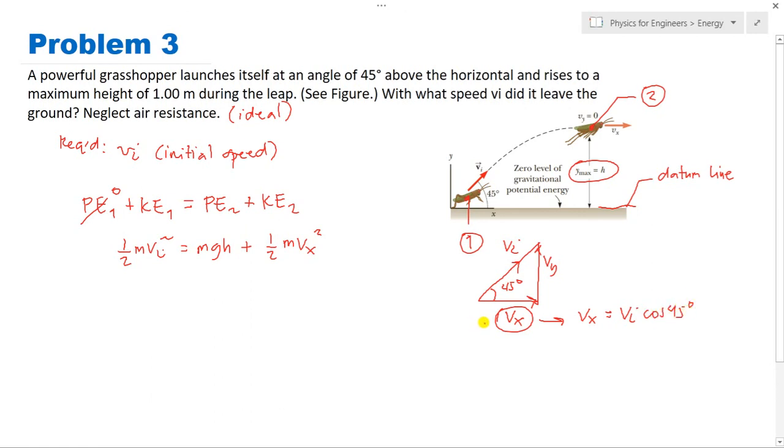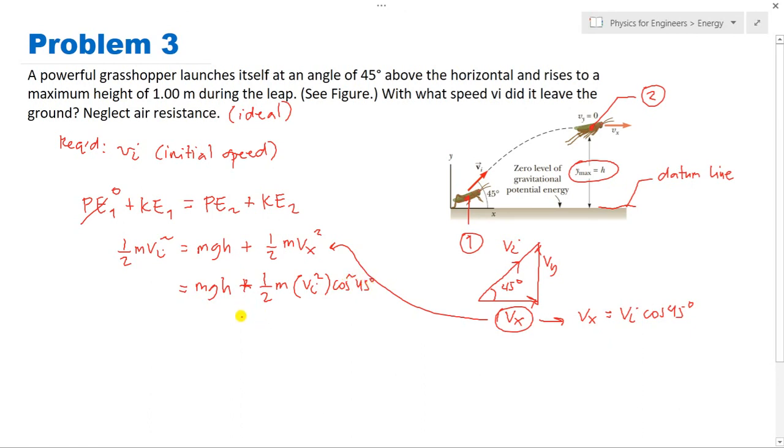So we can substitute this directly into our equation: that is equal to mgh plus 1/2 m vi squared cosine squared 45 degrees.